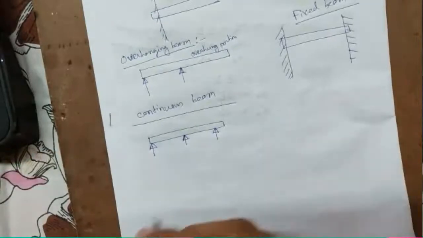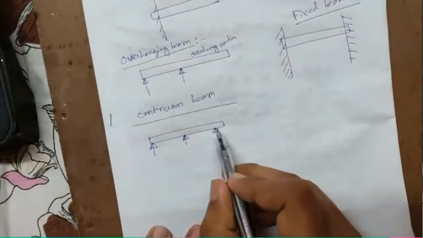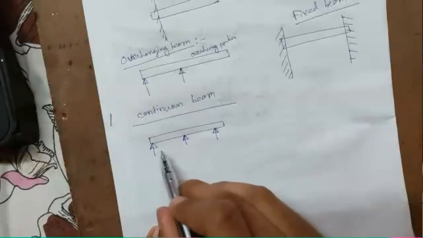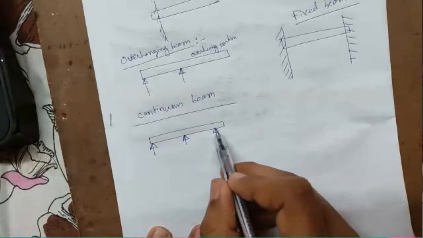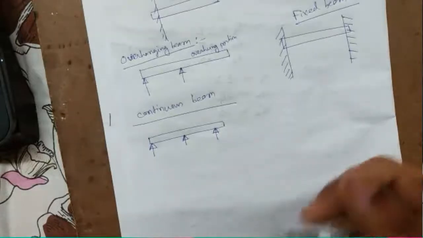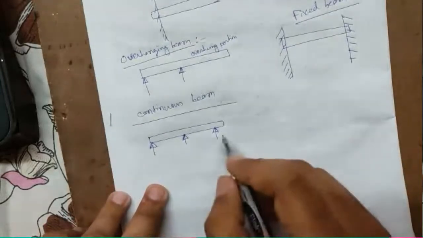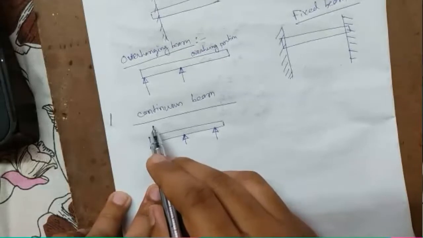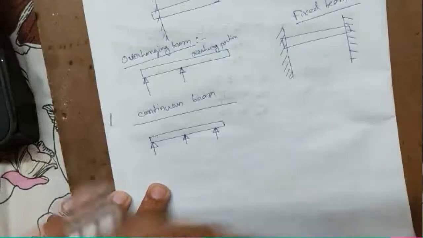And there are some combinations also, like if some portion is taken out beyond the support, it has number of supports more than 2 and still some portion is beyond the support, then it will be a combination, and it will be called overhung continuous beam. That is a type of combination. Okay, I'm not going into that. If the number of supports is more than 2, so it may be 3, maybe 4, maybe 5, it will be called continuous beam.